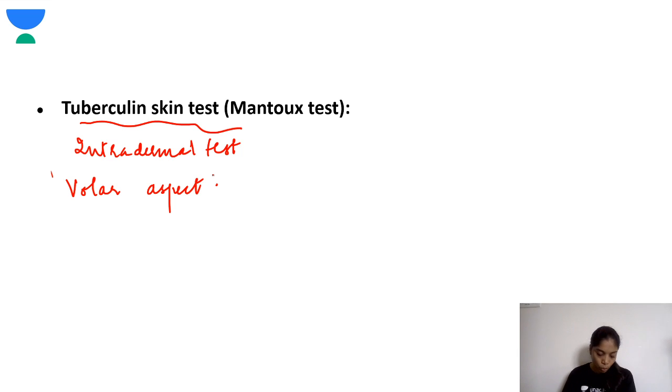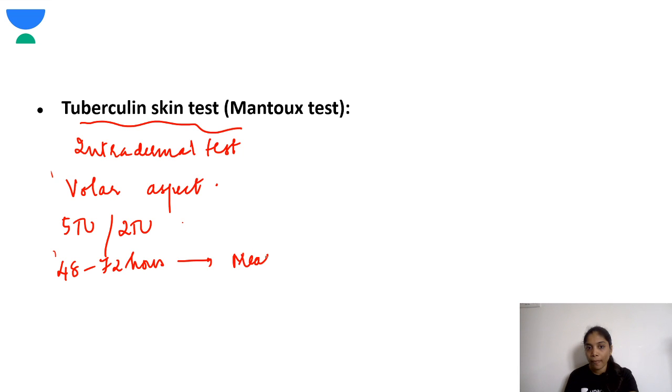Basically you give around 5 TU or 2 TU of purified protein derivative, the intradermal Mantoux test. After around 48 to 72 hours, you measure the wheal or the swelling, the induration.